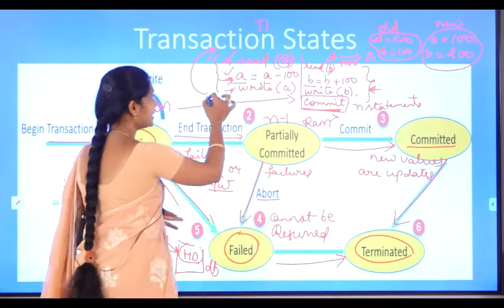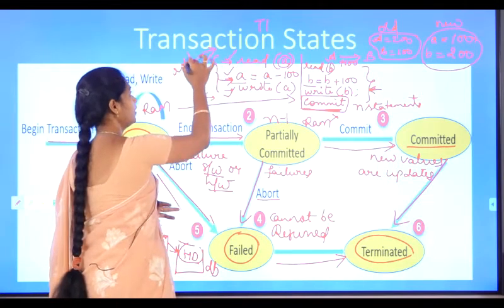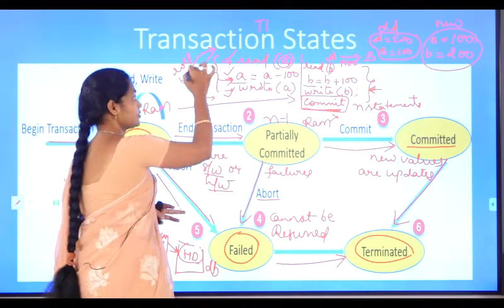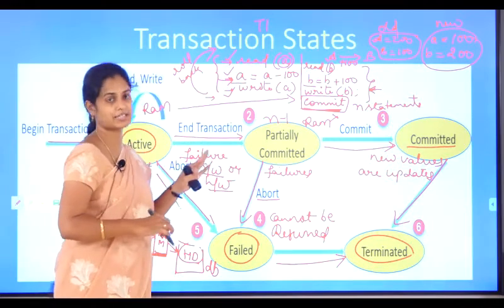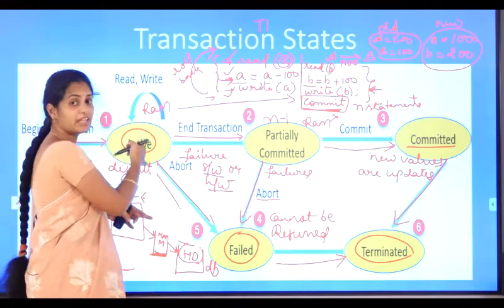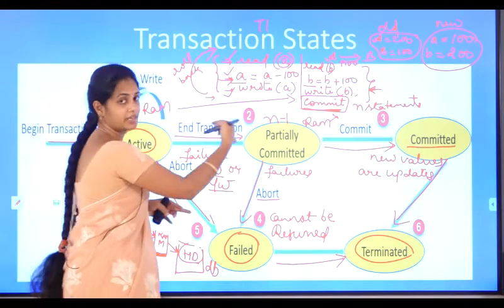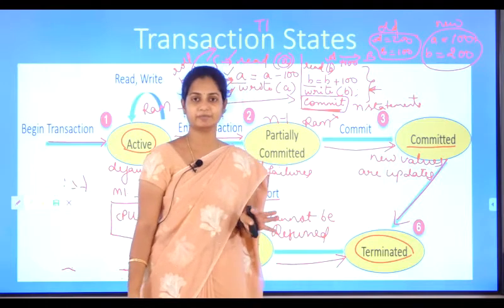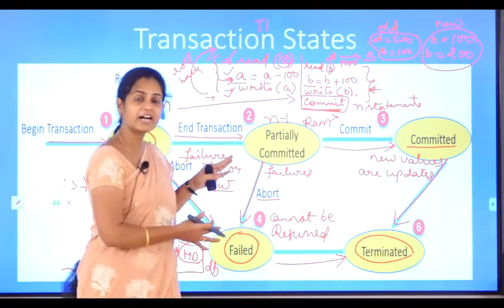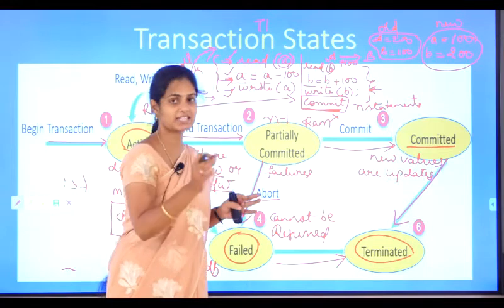Again it will roll back. Rolling back is nothing but starting again from the initial step: it will come to the active state, partially committed, and then terminated. Okay, so, understood what the different states of a transaction are?